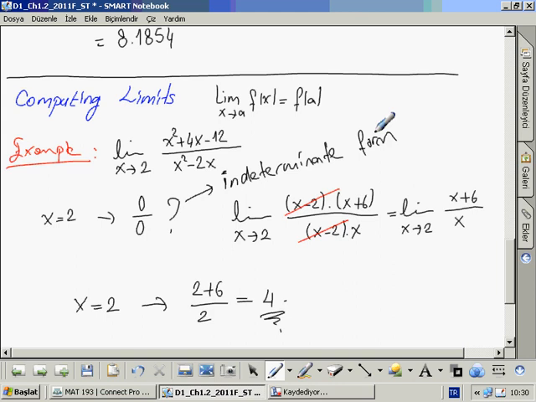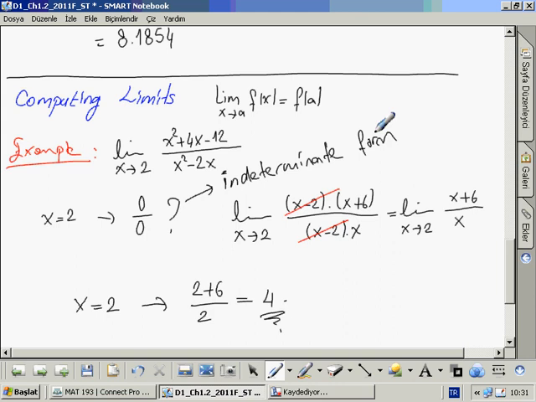And typically 0 in the denominator means it's undefined. However, that will only be true if the numerator isn't also 0. Also, 0 in the numerator usually means that the fraction is 0 unless the denominator is also 0.